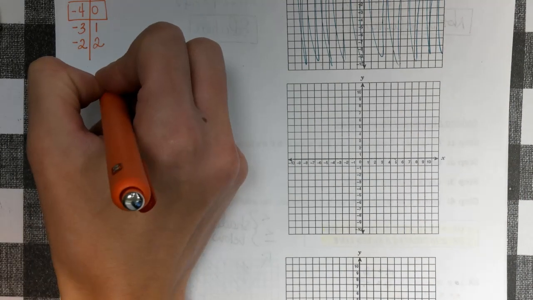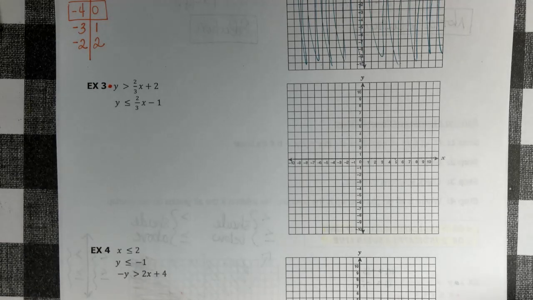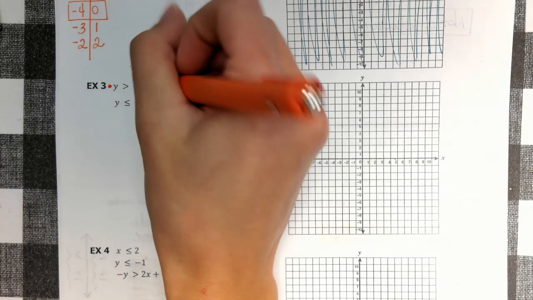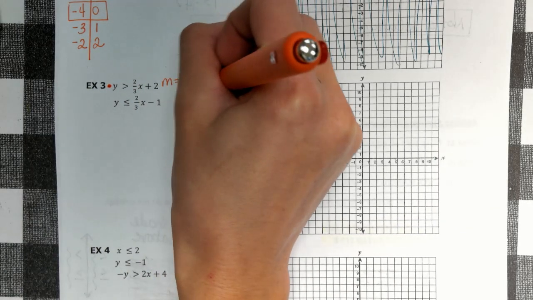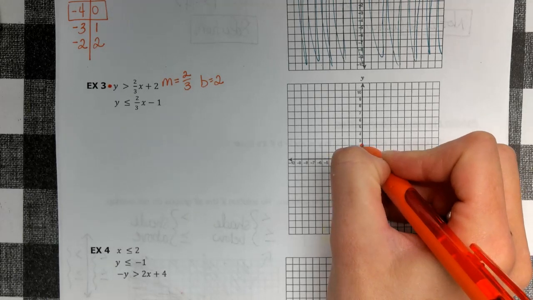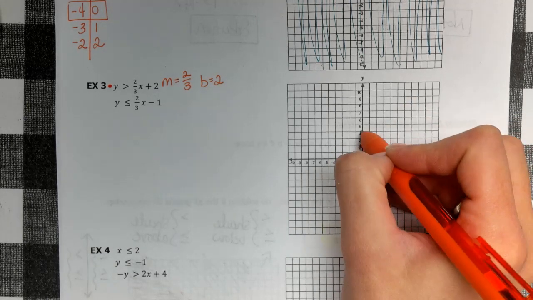All right, example 3, y is greater than 2/3 x plus 2. My slope is 2/3, and my y-intercept is 2. So I'm going to go up 2 to the right 3.